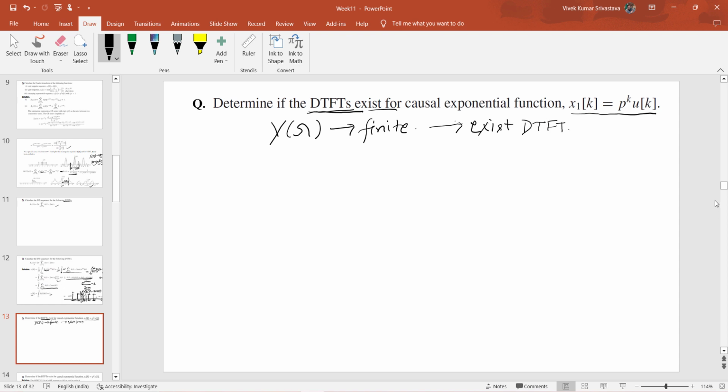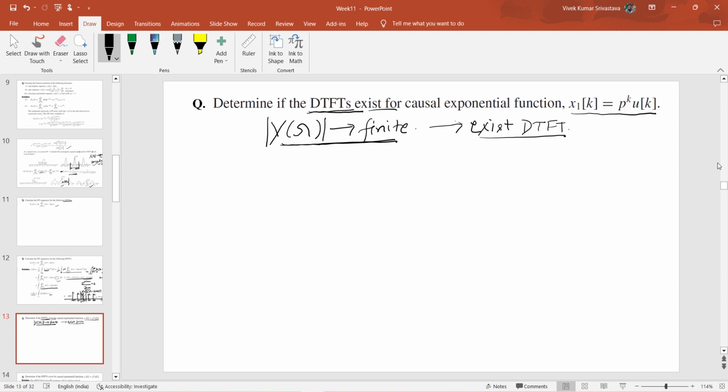If this condition is satisfied, then only we can say that the discrete time Fourier transform will exist, and if this condition is not satisfied, then the discrete time Fourier transform will not exist.